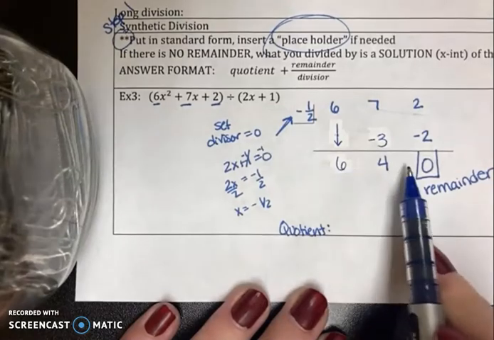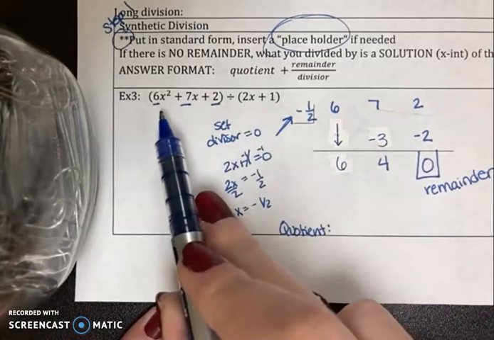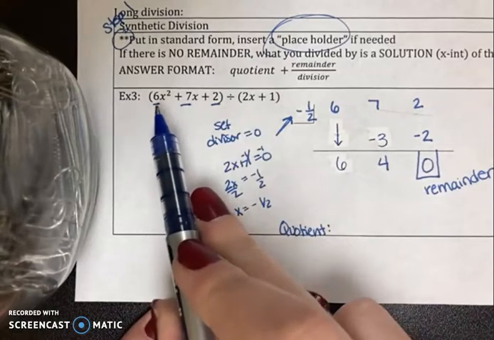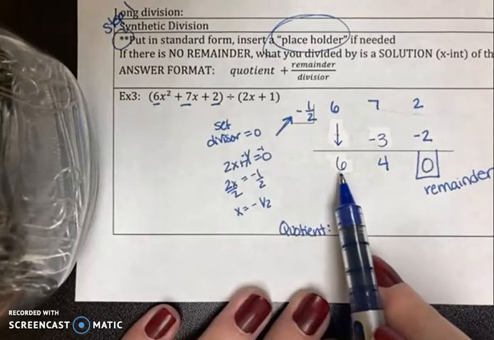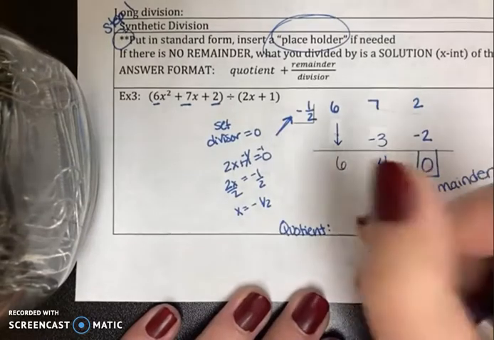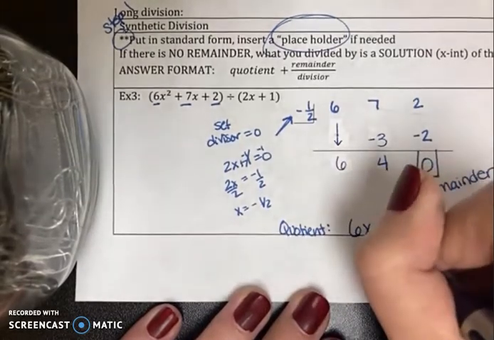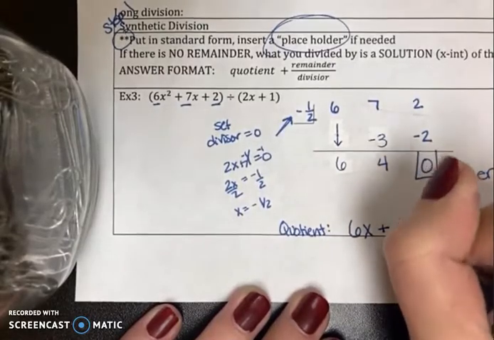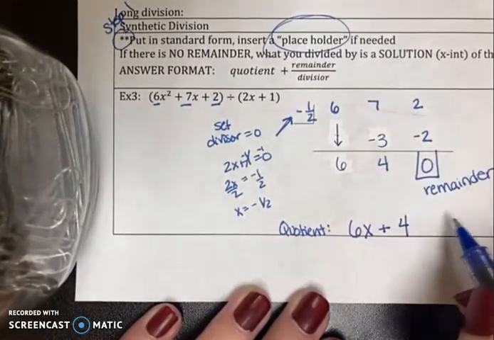And our new coefficients will have powers 1 less than what we started. So originally we had an x squared, now this is going to be 6x to the first power, or just 6x, plus 4, and then if I had a remainder, it would say plus that remainder over the divisor.